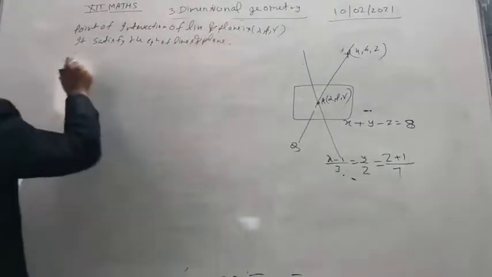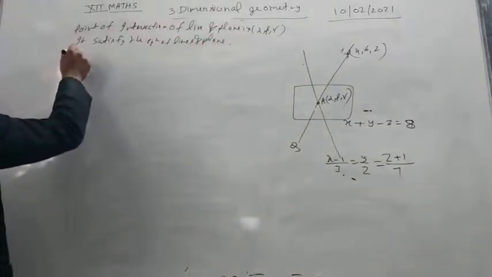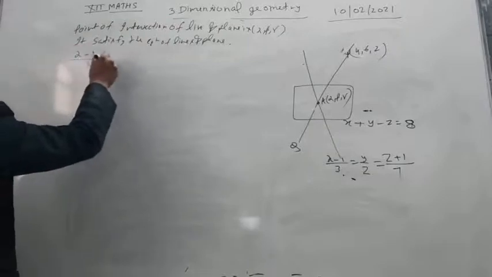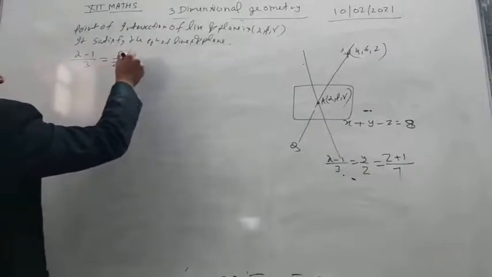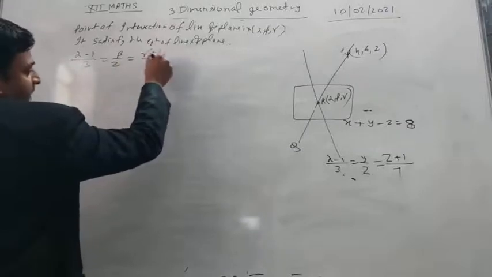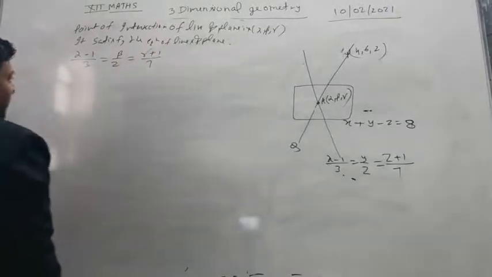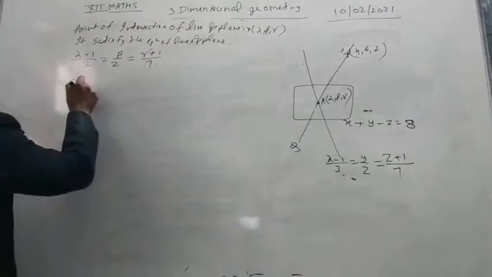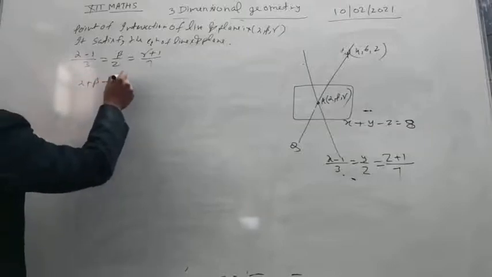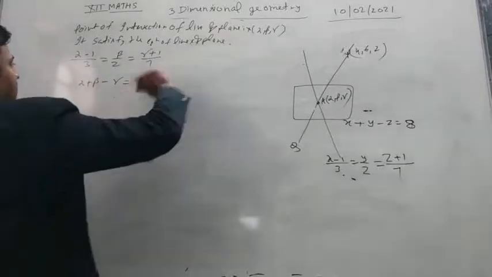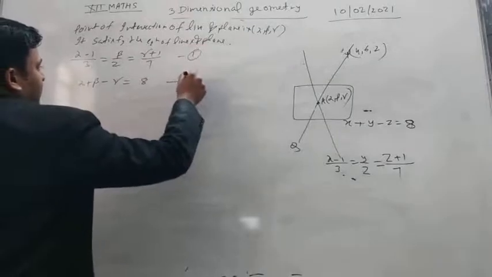So we write (alpha minus 1)/3, beta/2, and (gamma plus 1)/7. And the plane is alpha plus beta minus gamma is equal to 8. So this is equation 1 and this is equation 2.